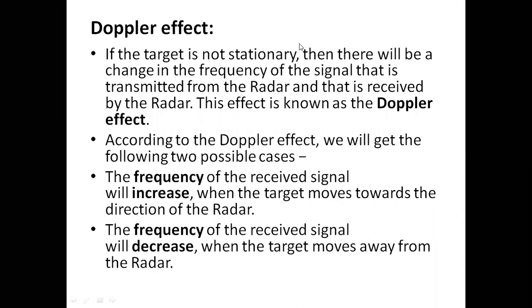The second case is the frequency of the received signal will decrease whenever the target moves away from the radar. So these are the two possible cases we have. When the target moves towards the radar, frequency increases. When the target moves away from the radar, frequency decreases.